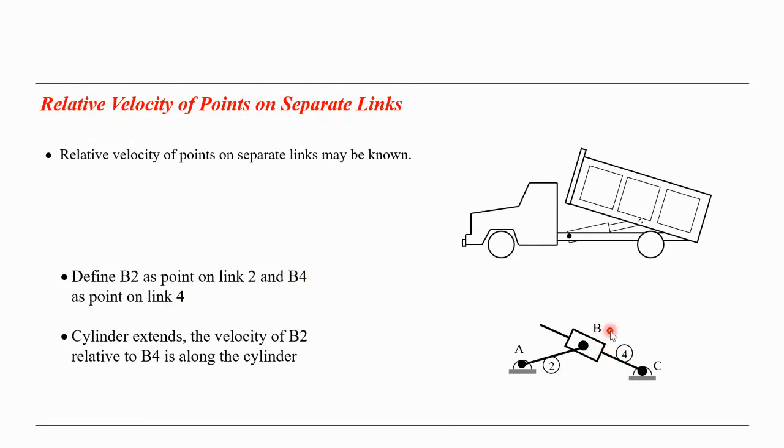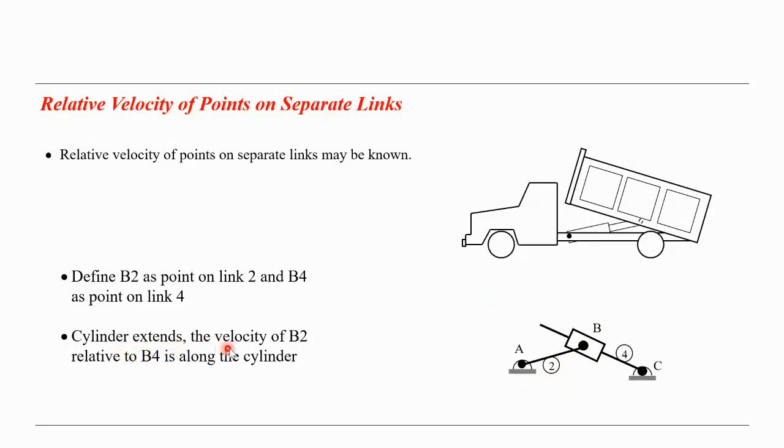So we define two different points, but they are the same point, B2 and B4. B4 is regarding link 4, B2 is regarding link 2. They have a common point B.